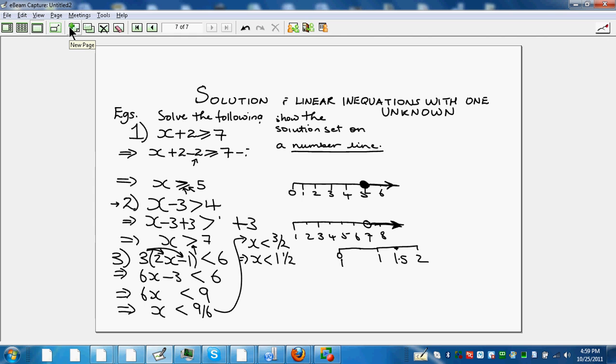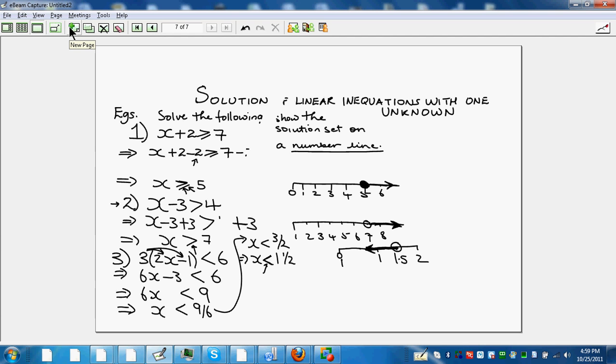And then it's less than 1.5. So we would circle the 1.5. We would not shade it in because there's no equal part here. It's just less than. And to get less than, we have to go now to the left. So this has to be shaded in with the arrow in bold like this. And that would represent x is less than 1.5.